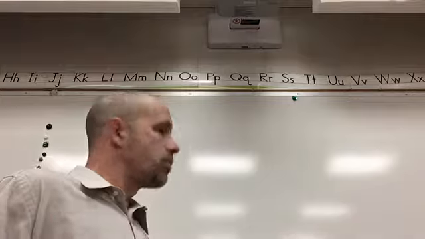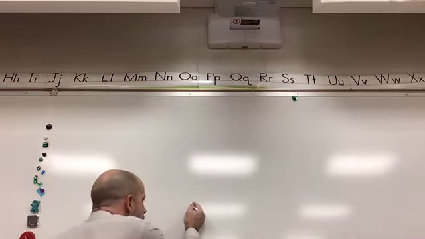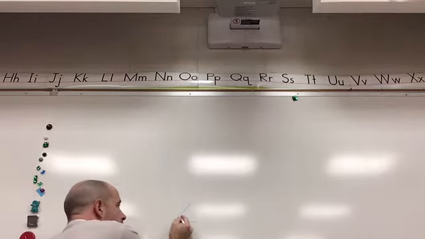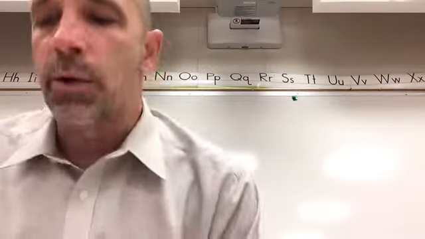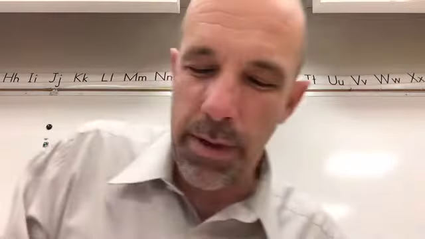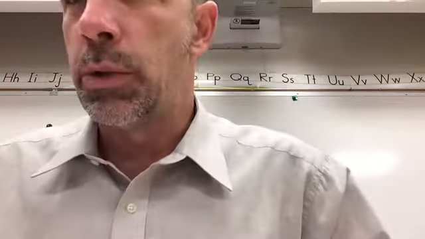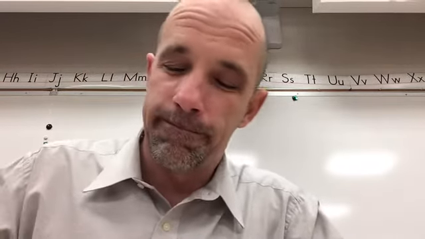Remember the angle marking is if you have your angle here and you have the marking there, that is your angle marking. So I want you to mark angle TAK with an angle mark. And then I want you to label that angle obtuse, right, or acute.